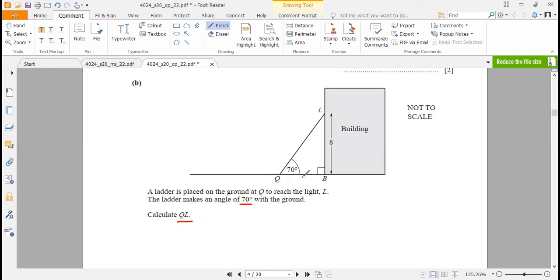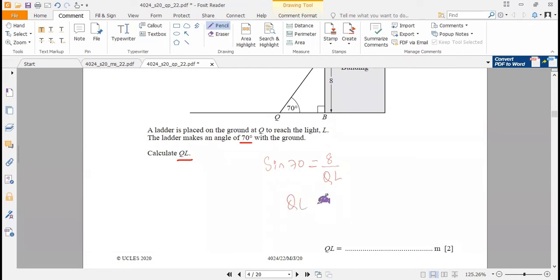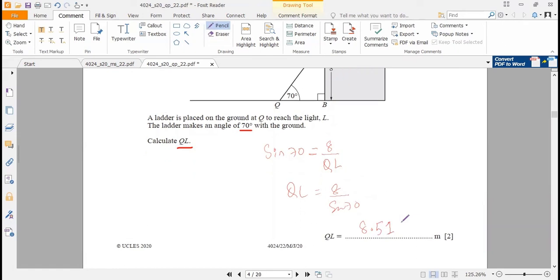We can use sine 70 equals 8 upon QL. So QL equals 8 upon sine 70, and the result will be 8.51 meters. Obviously, we need to give the answer to 3 significant figures, so it is 8.51.